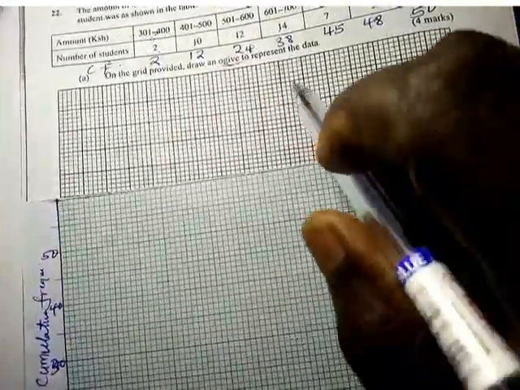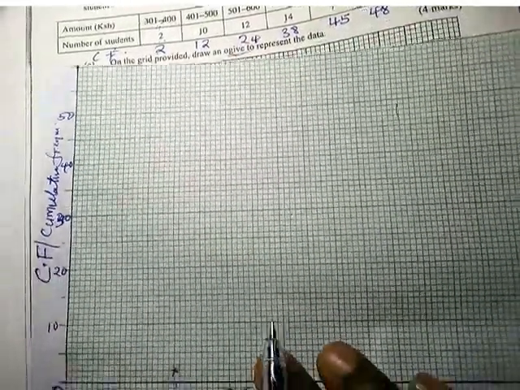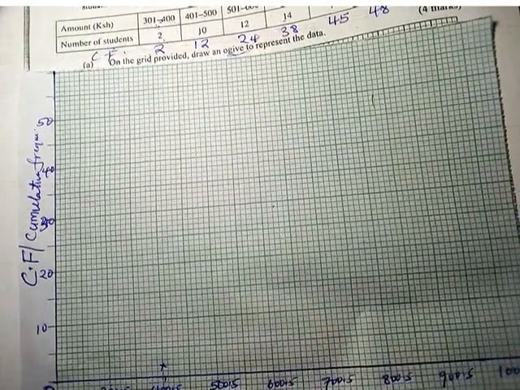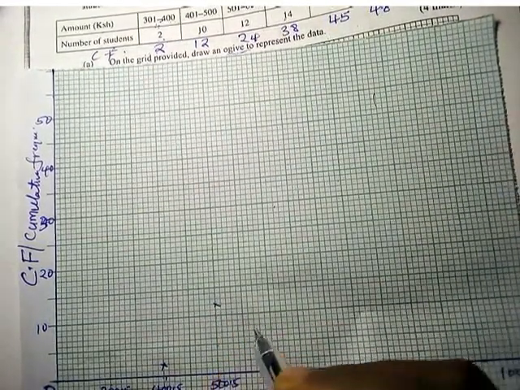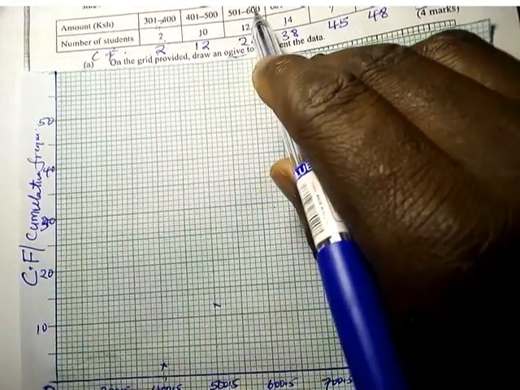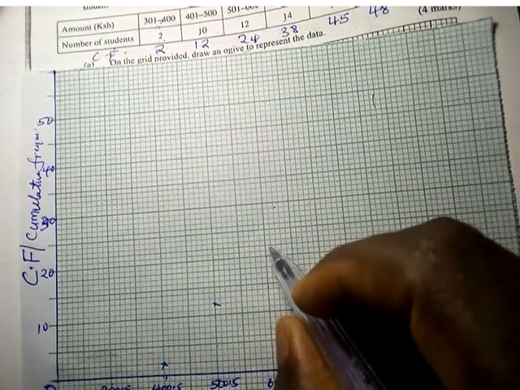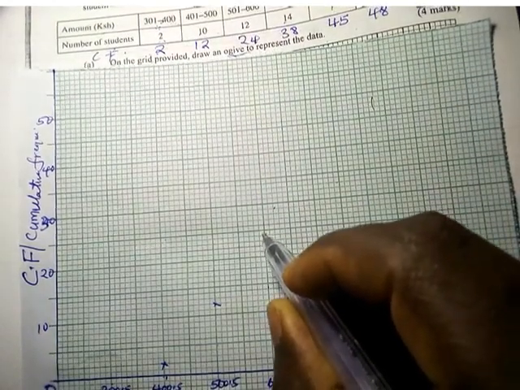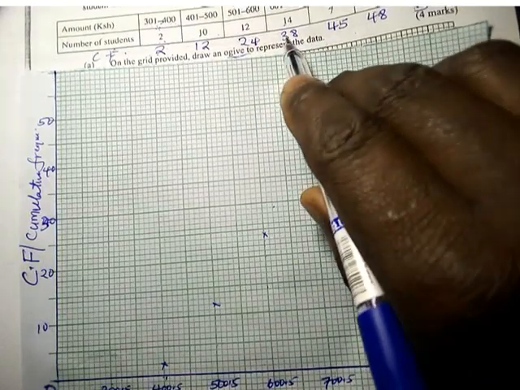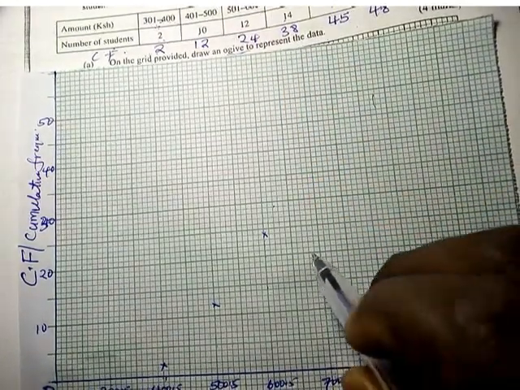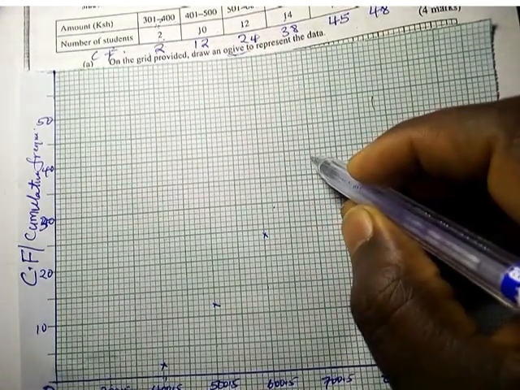And then 12, 500.5, 12. This is 10, 11, 12. 600, 24: 20, 21, 22, 23, 24. 700 is 38: 30, 35, 36, 37, 38 here.